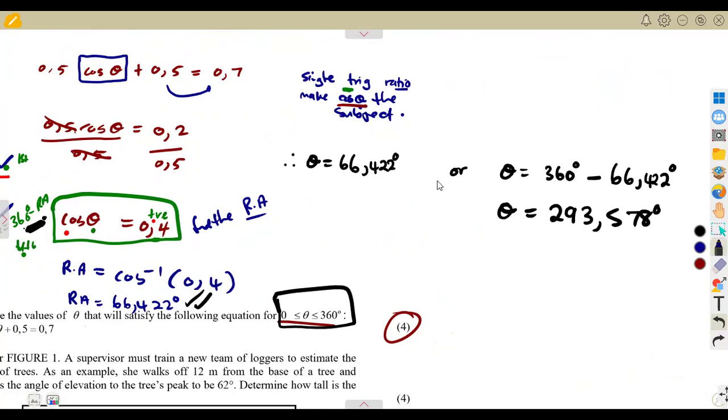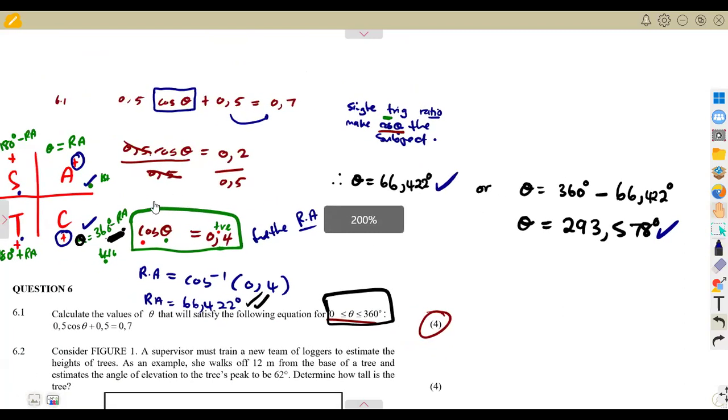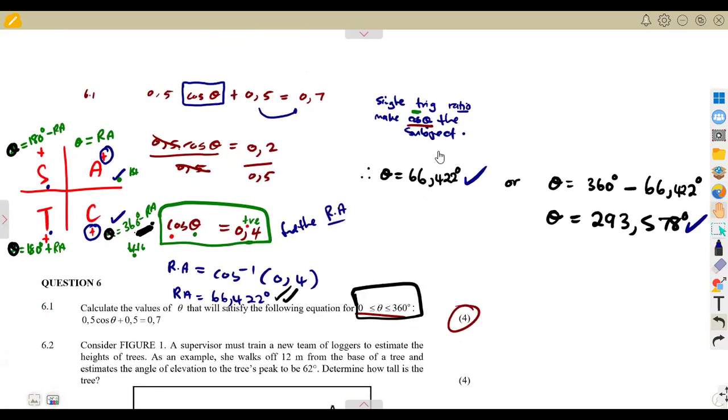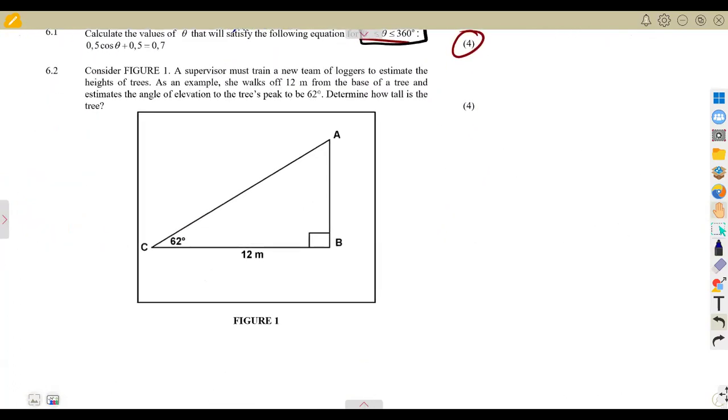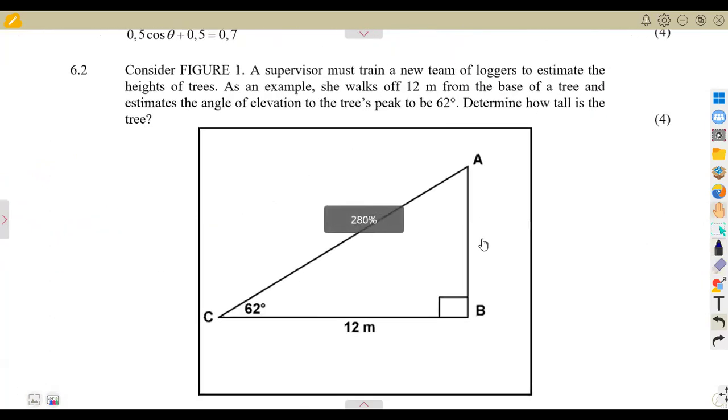So we've got two angles to consider, theta being 66,422 degrees and the other theta being 293,578 degrees. These were the two possible values of theta within the interval that we are given, from 0 to 360. So you must be given this interval whenever you've got a question to solve a trig equation.